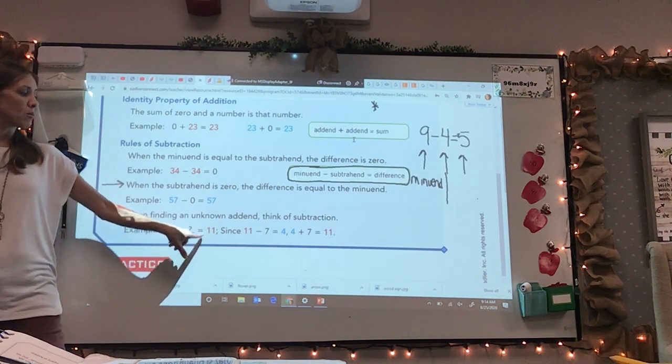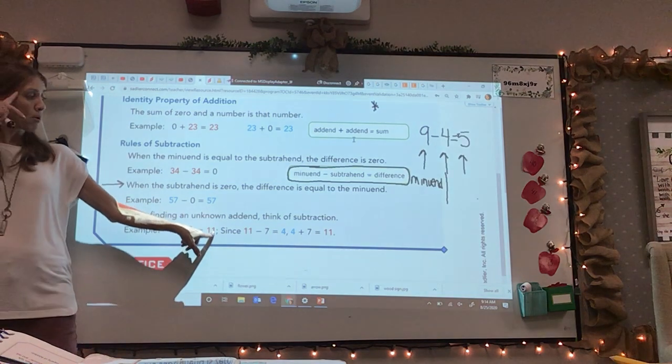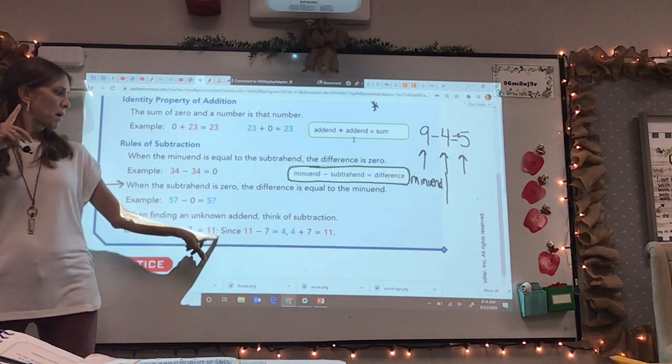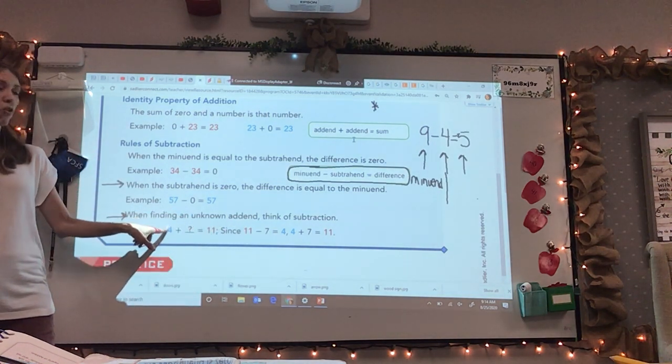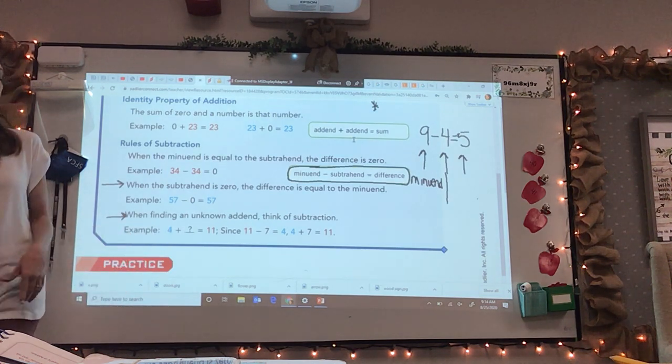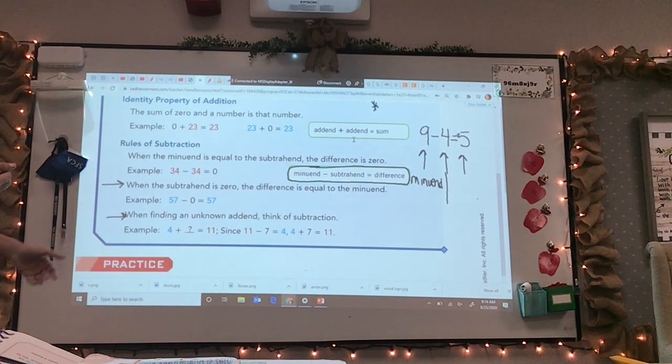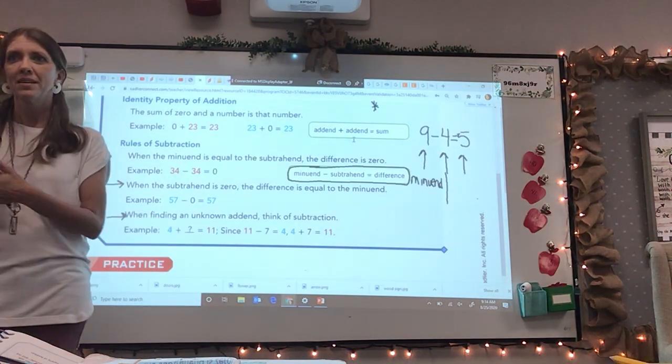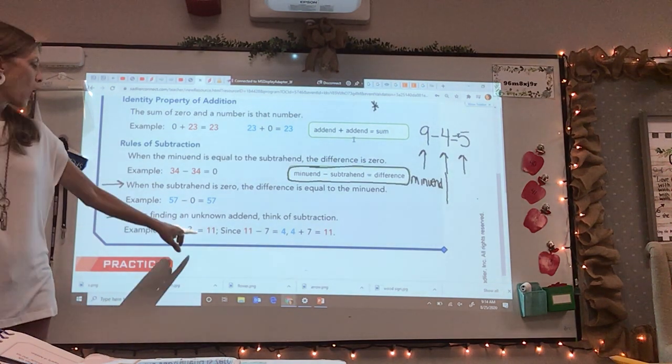4 plus what equals 11? Think backwards. 11 minus what equals 4? 11 minus 4 equals 7. Got it? Let's try a few examples. All you can do is go backwards.